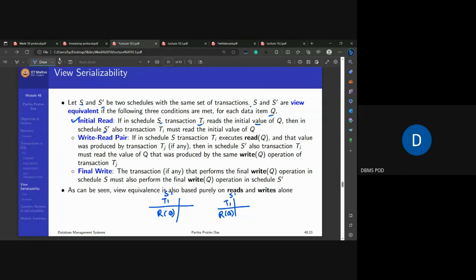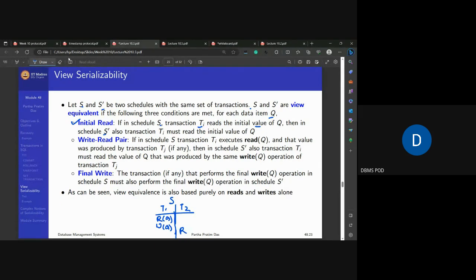Let's understand with an example. Suppose in schedule S, transaction T1 does read Q, then write Q, and transaction T2 reads the value of Q. In S dash also, this write-read pair should be maintained, whatever the order of T1 and T2. This is called the write-read pair.